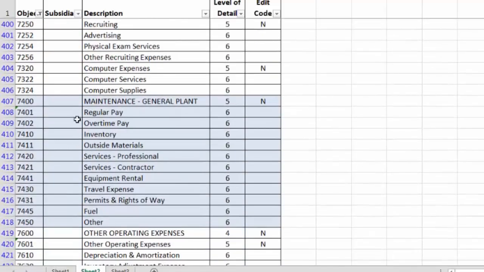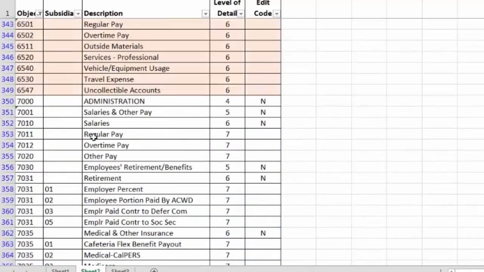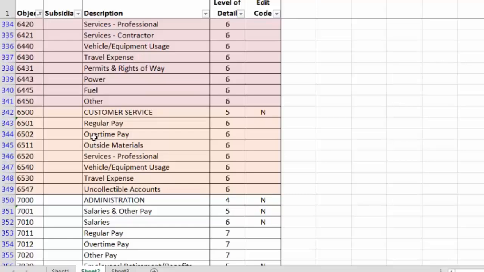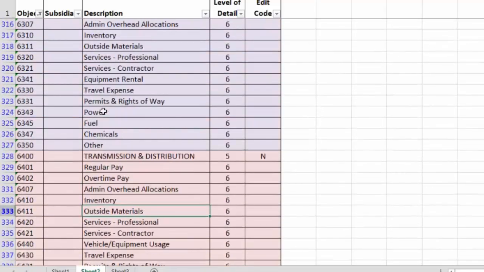So you can see, rather than keeping numbering sequentially, I'm going to keep the consistent numbering so that inventory is always 10. And again, up here in customer service, we don't have inventory. We have outside materials, which is 11, and we have outside materials in all our other groups.